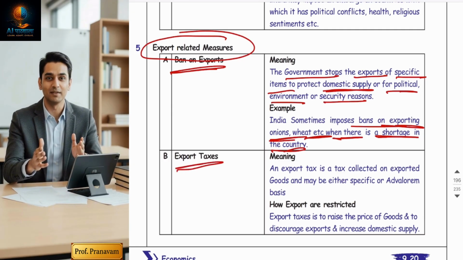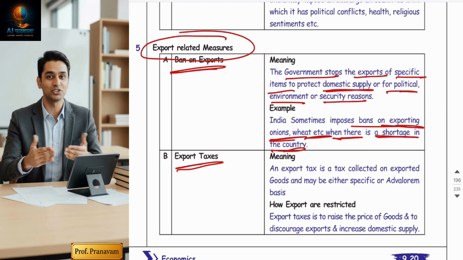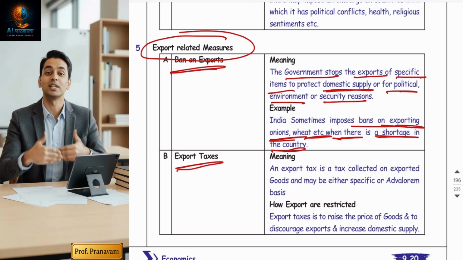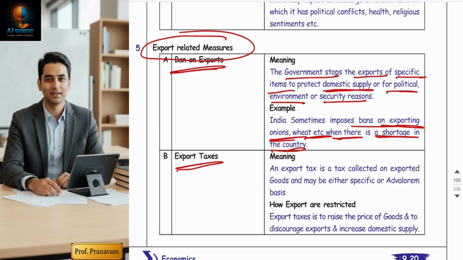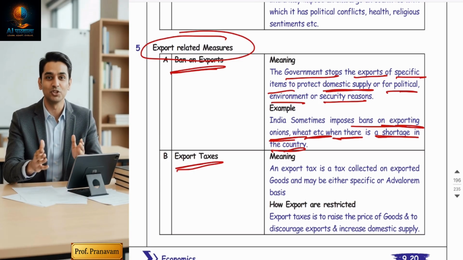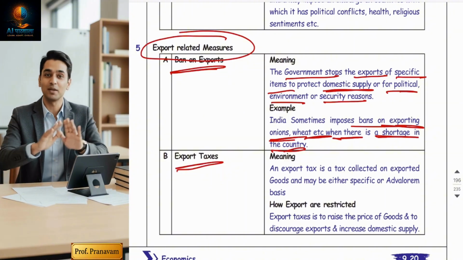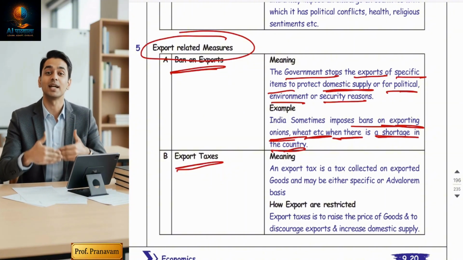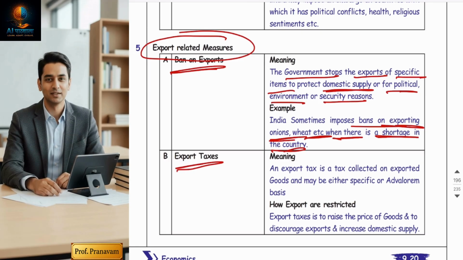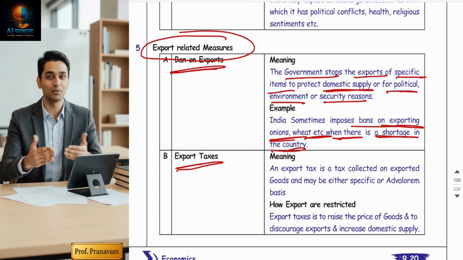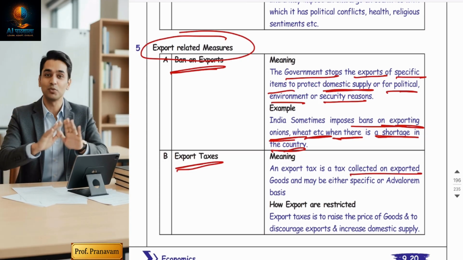Okay, export taxes. Guys, if government wants to restrict the exports, if government doesn't want domestic companies from India to sell some goods to the US, what will government do? They will put extra taxes. It's like a tariff on exports. So you can see, export taxes mean taxes are imposed on exporting goods.